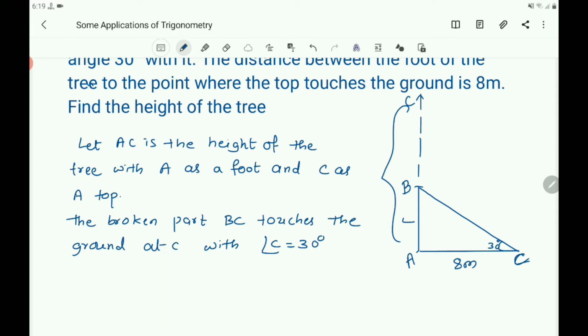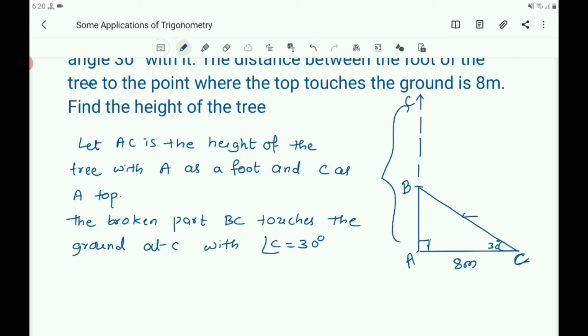Here what do you have to find out? We have to find out AB and also BC. As the tree is perpendicular to the ground, angle A equals 90 degree. Then BC is the hypotenuse. Here we have to find out the hypotenuse as well as AB.